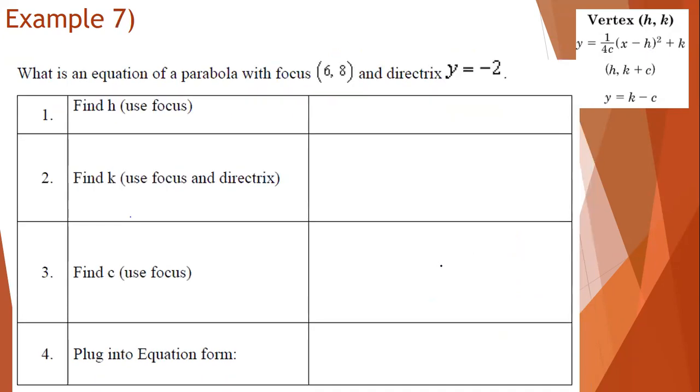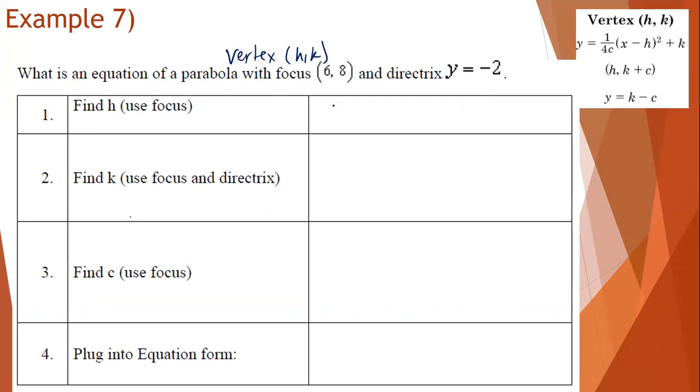Let's try another one. This time it says, what is the equation of the parabola with a focus 6, 8, and the directrix y equals -2? If you remember in our previous one, we said that when you have a vertical parabola, the x values of your focus and your vertex are the same.